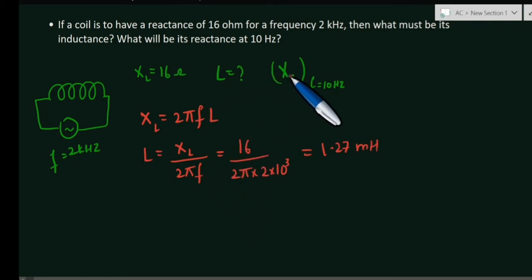Now the second case: what is the value of XL when the frequency of AC is changed to 10 Hertz? The formula is XL equal to 2 pi F into L, and here the F value is 10.